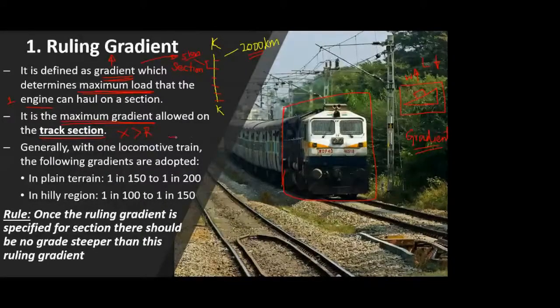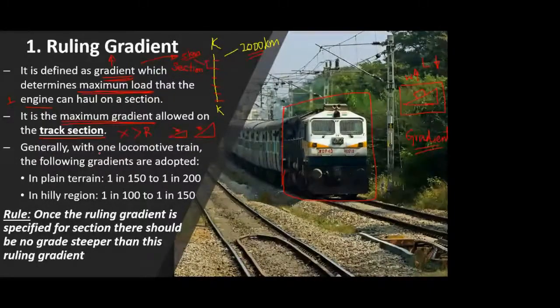If the ruling gradient is a slope like this, then the x gradient is something like this. You can see the difference. The gradient is greater, which means the slope is going to be steep, so that's why the ruling gradient is the maximum gradient allowed on a track section.